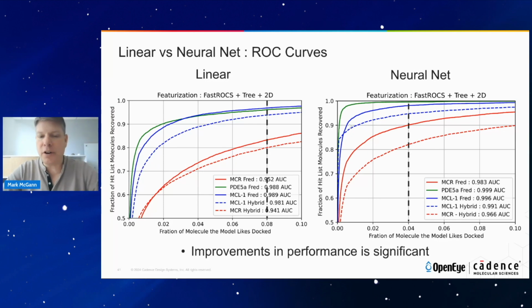And for the linear model, that was the summer release, we used 8%. In the upcoming, or I think at this point, currently released March 2024 model, we dropped that to 4% with this neural net, and we still get an overall improvement in performance. So we're saving cost even more, and we're getting still better performance.